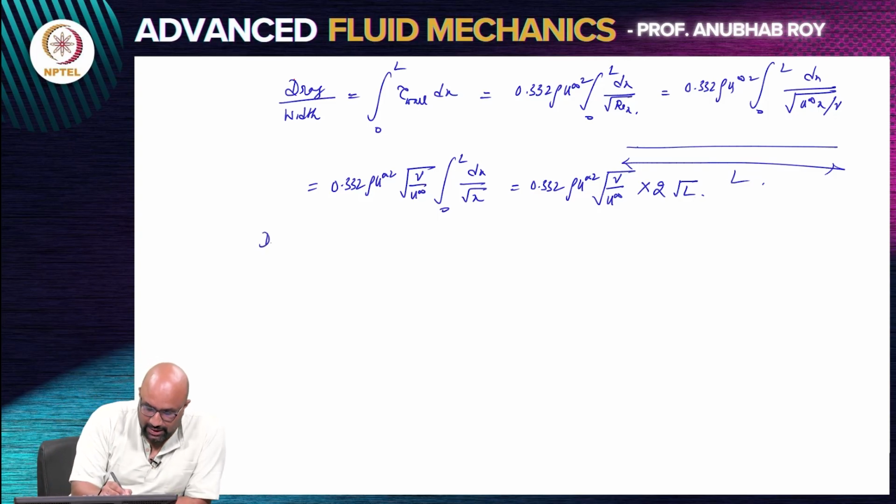So, finally, the drag per unit width is 0.664.